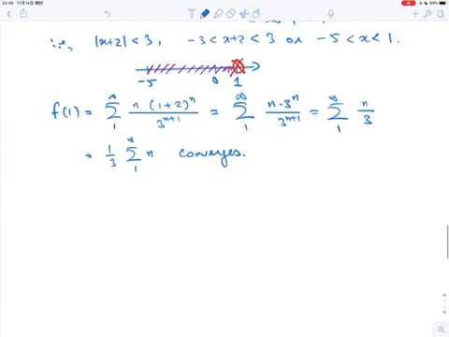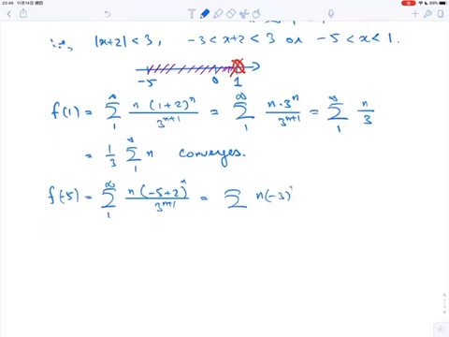All right, for the other endpoint, that is minus 5. We plug in, so we have n times minus 5 plus 2 to the power n, divided by 3 to the n plus 1, from 1 to infinity. So in this case, we're going to have minus 3 to the power n, divided by 3 to the n plus 1.